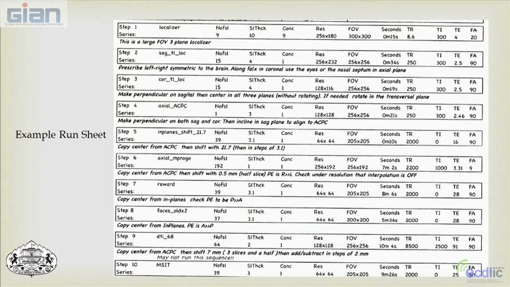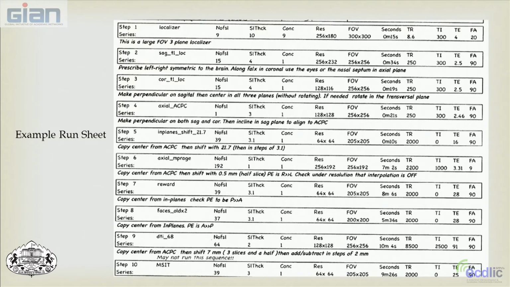So again, we have one person just running the MRI machine. We have the other person attending to the person and doing all the tasks. So this gives them the complete series that they need to run from start to finish.